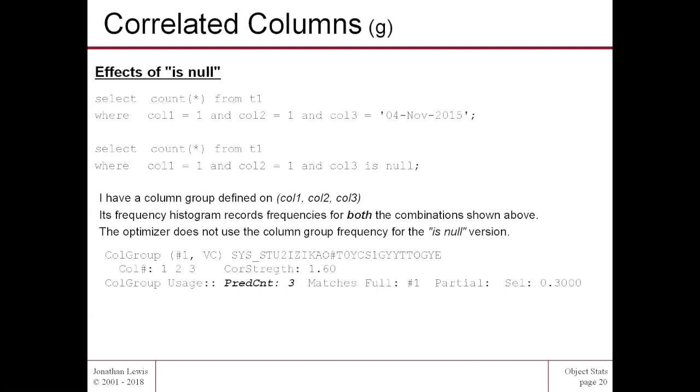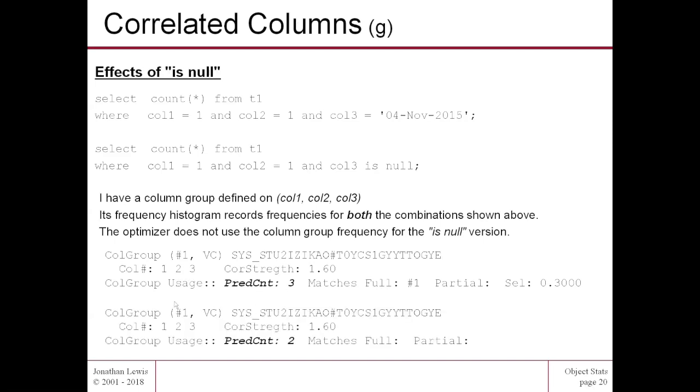You go to the second query, and Oracle says, well, I've got a column group which has got 3 columns in it, but you've only given me 2 predicates. Column 3 is null, apparently is not a predicate. Oracle has simply discarded it when considering matches between predicates and column groups.